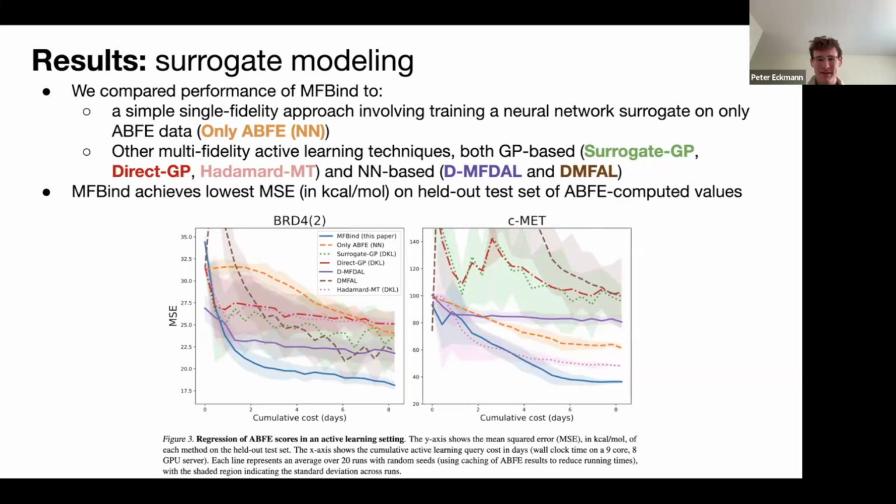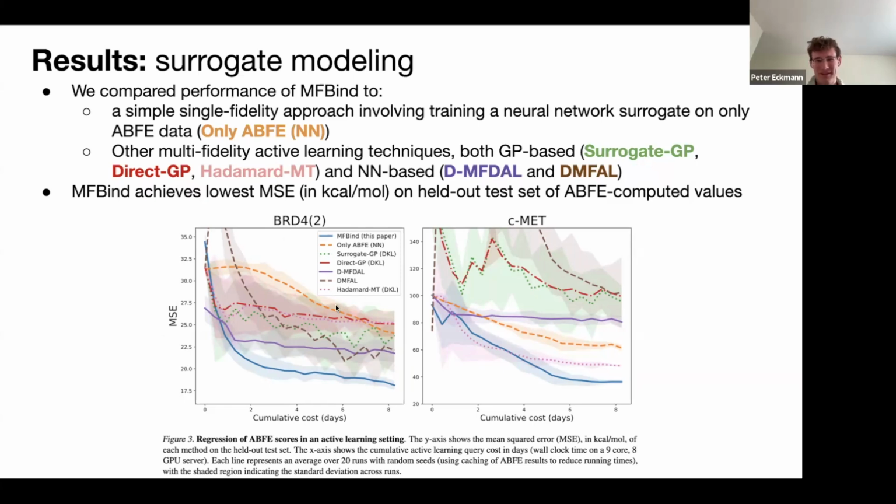And then we also compared to other multi-fidelity active learning techniques. These are both GP-based, which is, again, Gaussian process. So that's the surrogate GP, direct GP, and Hadamard MT baselines. And we also compared to some neural network-based multi-fidelity active learning techniques. So this is DMFDAL and DMFAL.